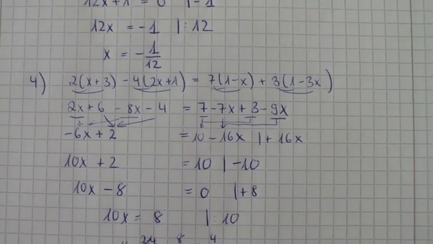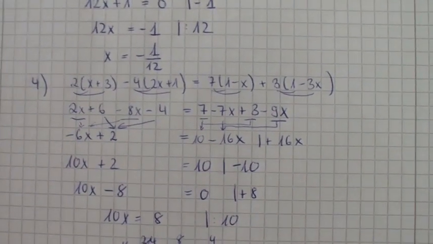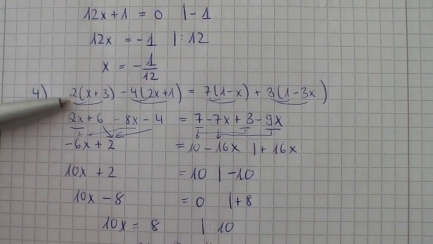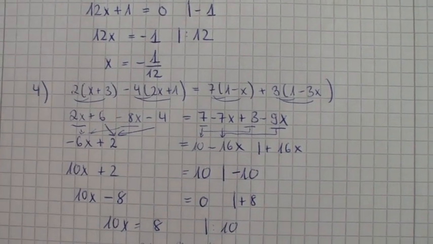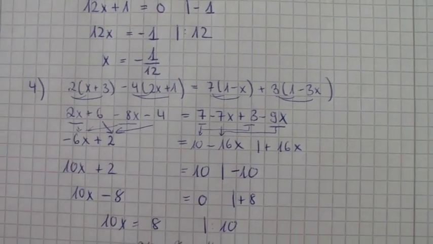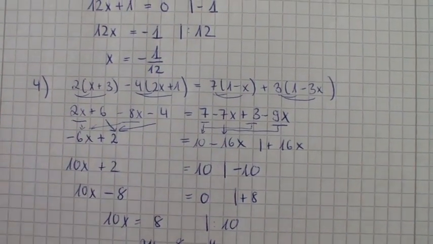This looks pretty hard, but it actually is not. First of all, we need to multiply everything out. After having this, the next step is to bring everything to the left and sort them into x and constants.